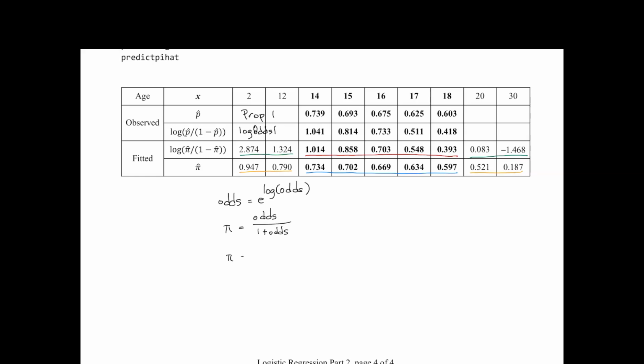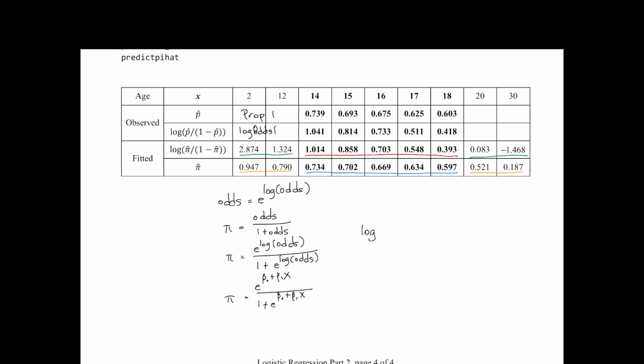And so that means that pi is e to the log odds over 1 plus e to the log odds, which, since we have fit log odds to this linear model, then that means that pi is e to the beta 0 plus beta 1x over 1 plus e to the beta 0 plus beta 1x.